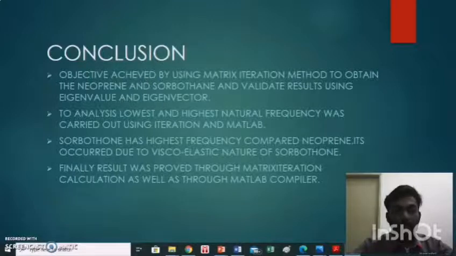To analyze the lowest and highest natural frequency, we carried out the iteration and MATLAB. Sorbothane has a higher frequency compared to neoprene. It occurs due to the viscoelastic nature of Sorbothane. Finally, our result was proved through matrix iteration calculation as well as through the MATLAB compiler.